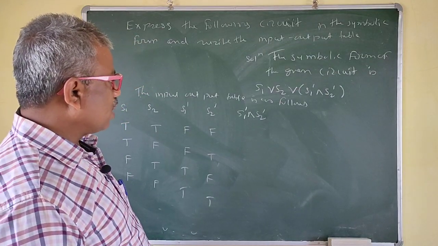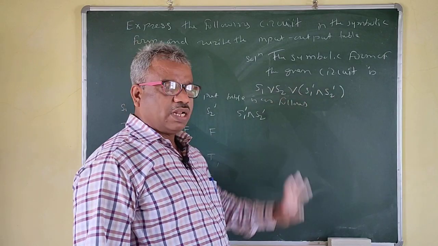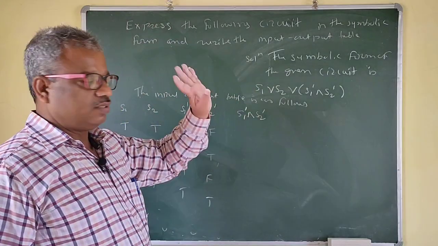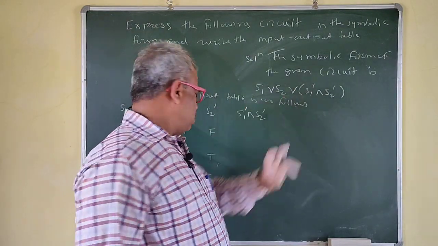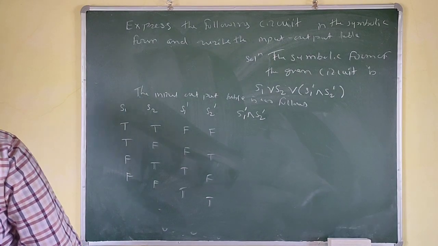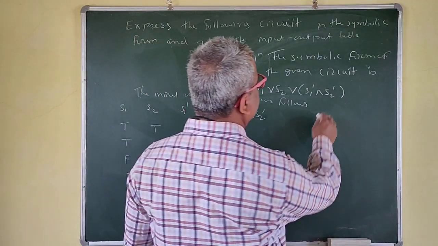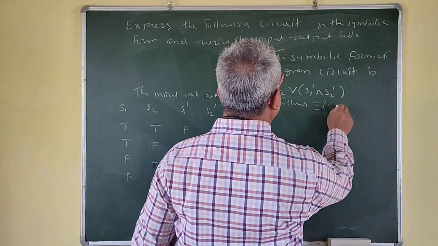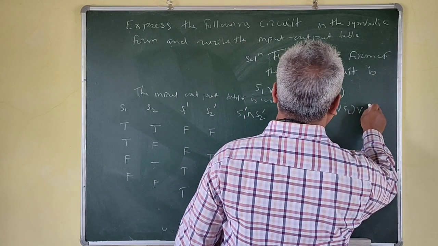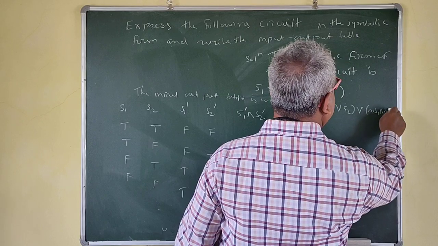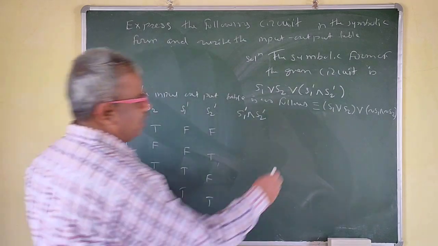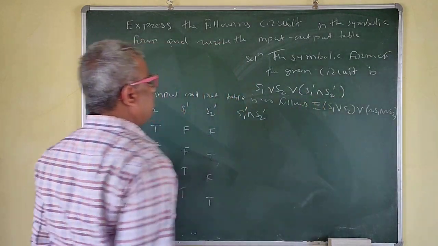So you may write this as negation of S1 and negation of S2 also, or you may keep this as it is, no problem. This is equivalent to S1 or S2 or negation of S1 and negation of S2. Doesn't matter, this is logically equivalent to this.